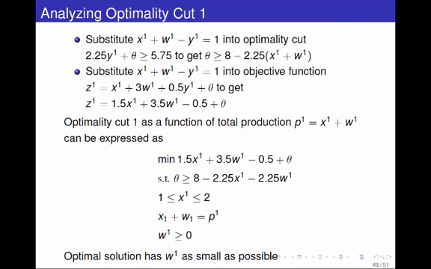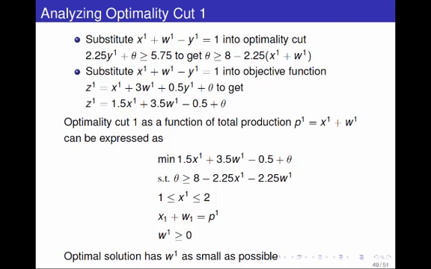So this is what the optimality cut looks like. Again, I'm trying to get rid of the y here, so that you can see the drawing as a function of total production. So I'm doing the same trick of getting rid of the y in the objective function. I'm replacing it by this expression here. So what I'm left over with is z1 is equal to that thing.